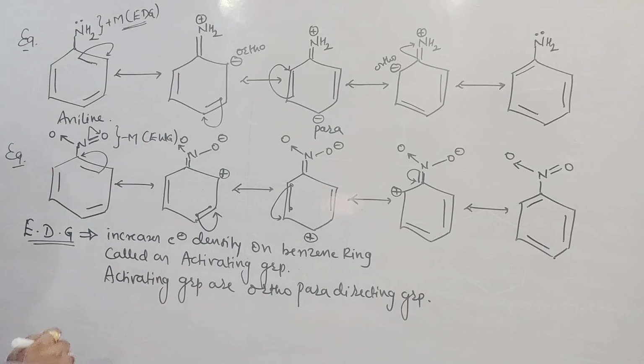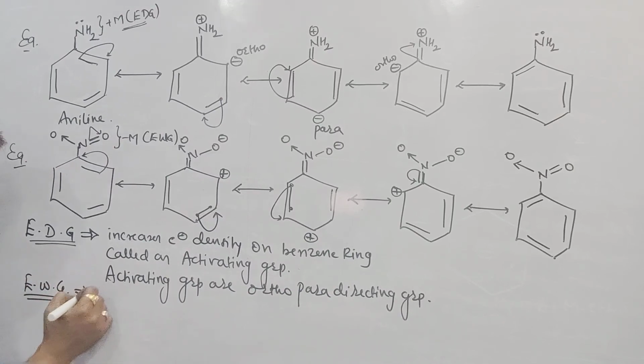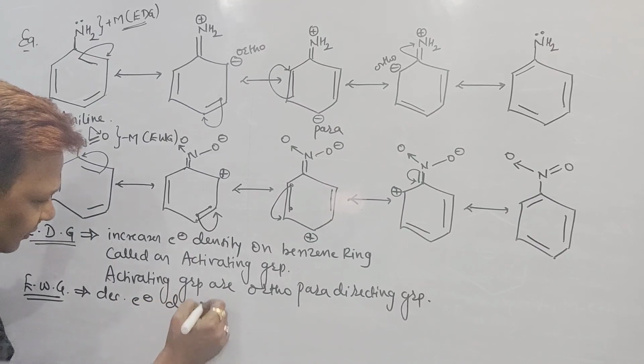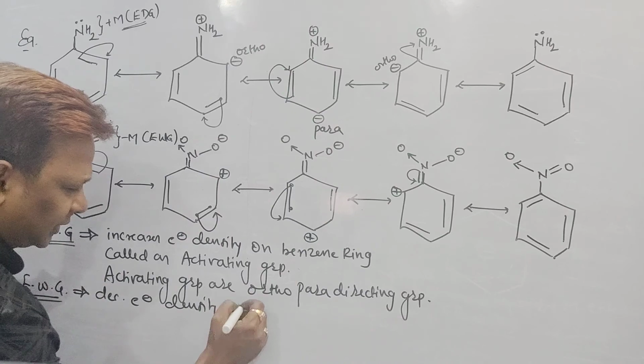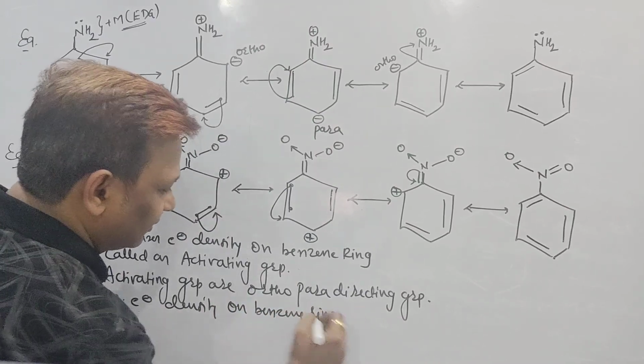Means we can say, beta, electron withdrawing group, I'll write here, electron withdrawing group decreases electron density on the benzene ring.